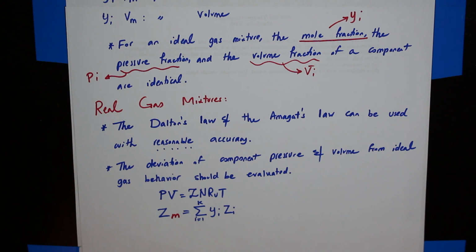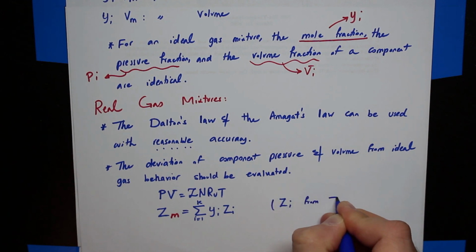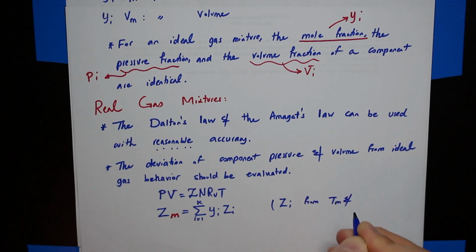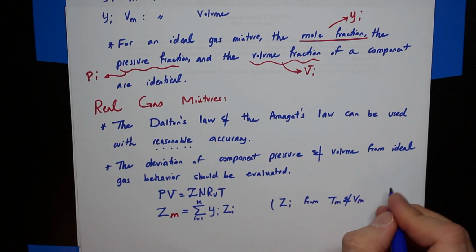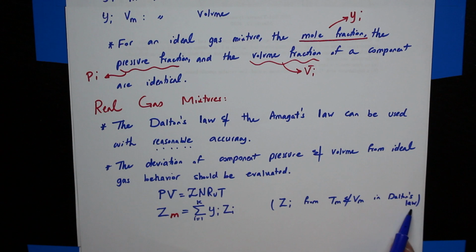Now, if you are working with Dalton's law, then z_i will be based on the temperature T_m and the volume V_m. So if you are working with Dalton's law, the z value for each component is evaluated at the temperature of the mixture and volume of the mixture.